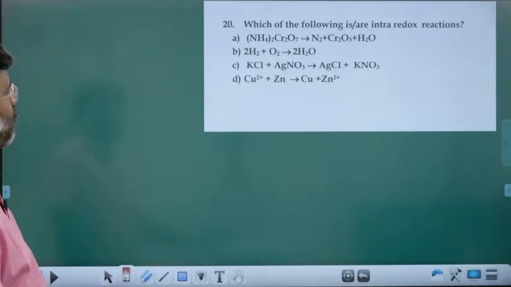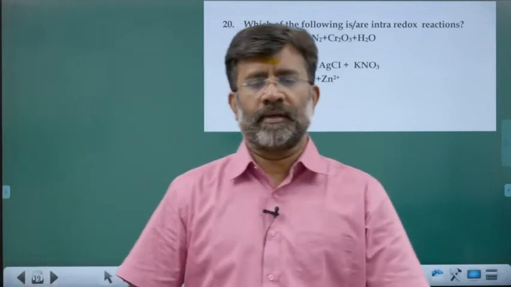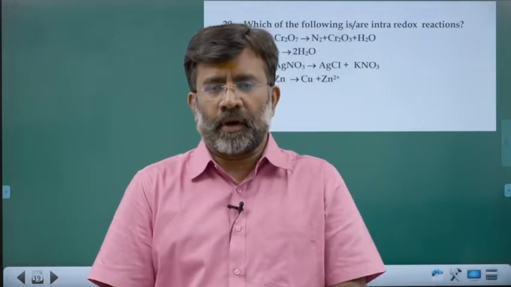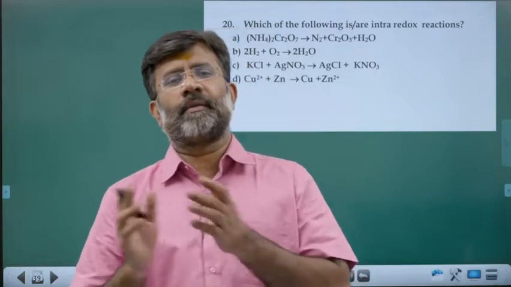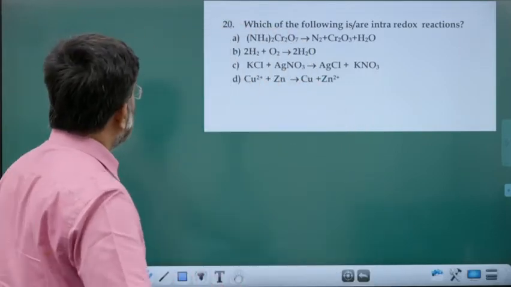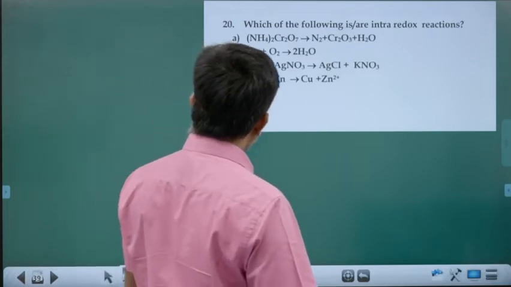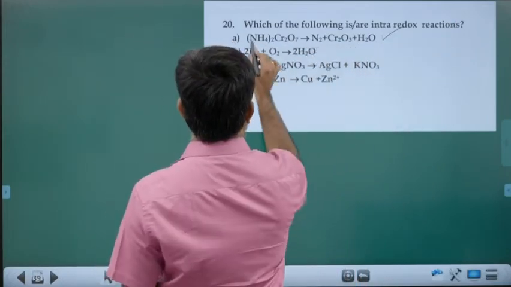Intra-redox. Which of the following is intra-redox? Intra-redox means, as you have learnt, within a molecule, one atom undergoes oxidation and one atom undergoes reduction. That is called intra-redox. First one is intra-redox.